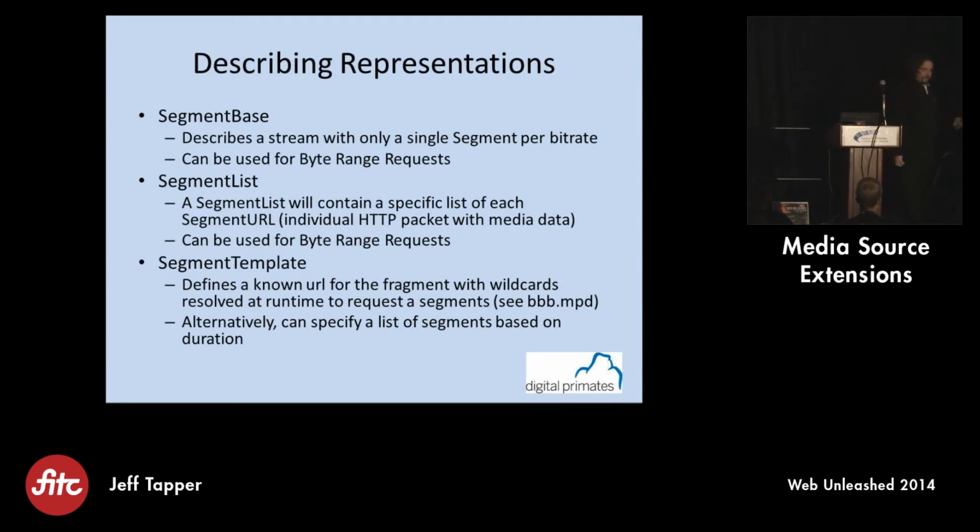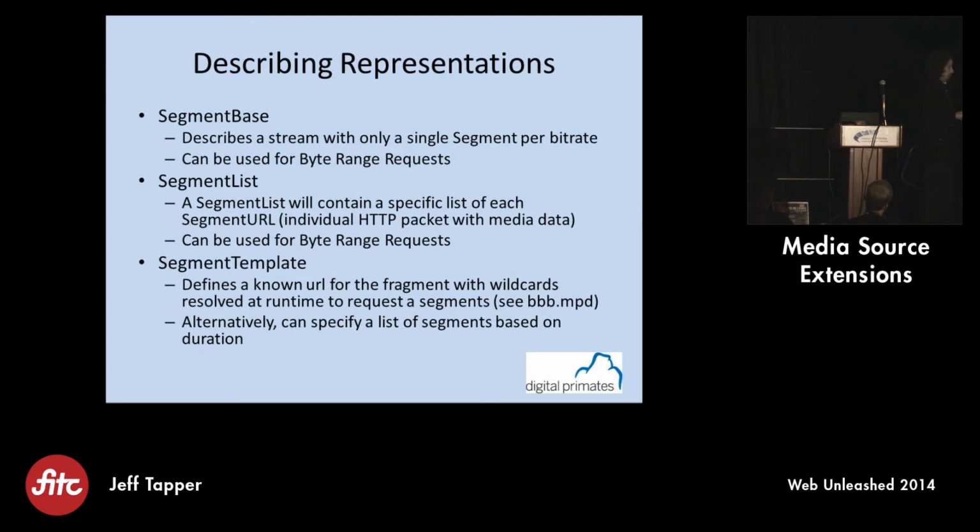As we're building these manifests, different encoders will do it differently. And the initial Dash specification has something like 8 different ways of describing it. The Dash 264 spec reduces it to these 3. We can have a segment base, which really is just saying, on the server there's one file, and we're going to use byte range requests to send down individual pieces of that file.